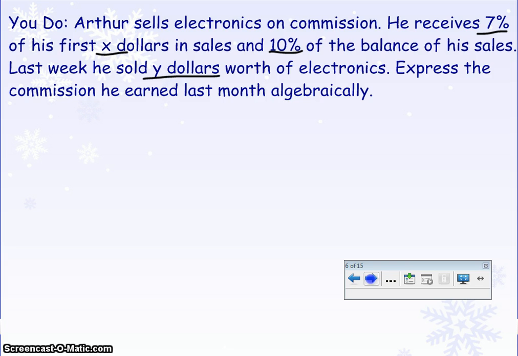So first thing we need to look at is he sold his first X dollars, he gets 7%. So 7% as a decimal is 0.07 times that X. There's the first part. The next part, we've got plus 10% times anything over that X dollars.